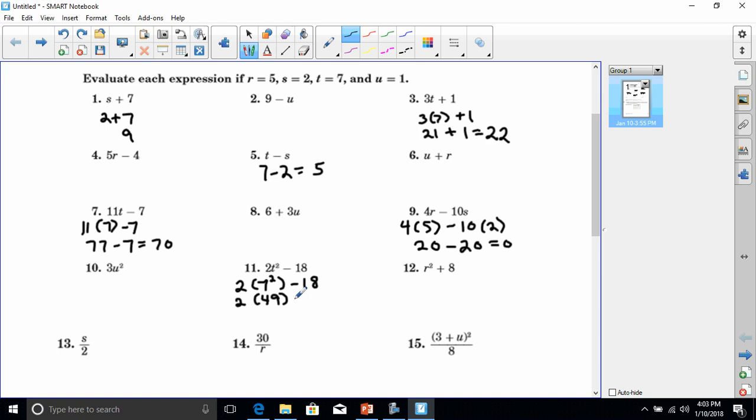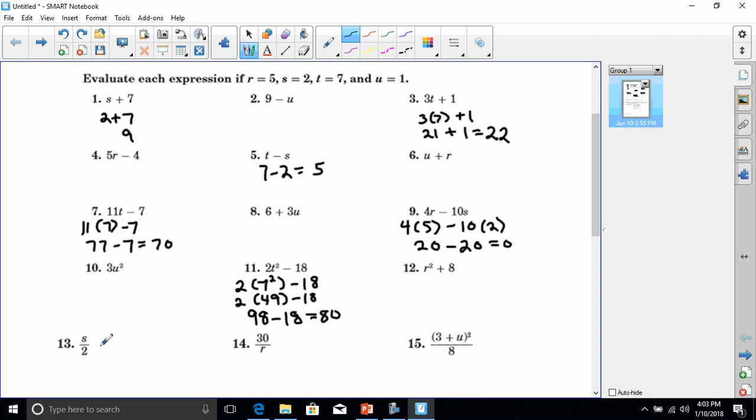And we're going to subtract 18 from that when we're all done. 2 times 49 gives us 98. If we take 98 minus 18, we're going to have, I believe, 80.